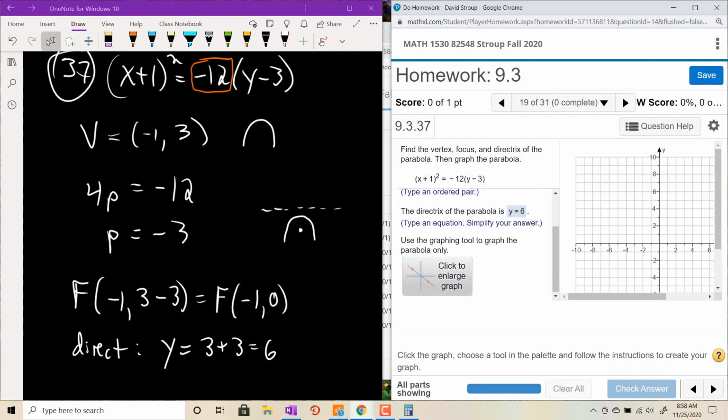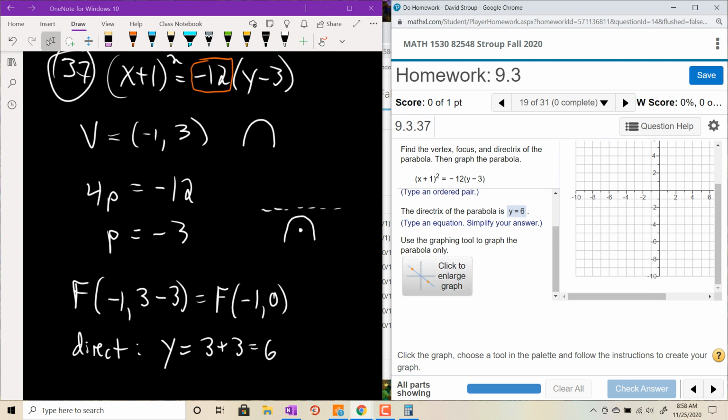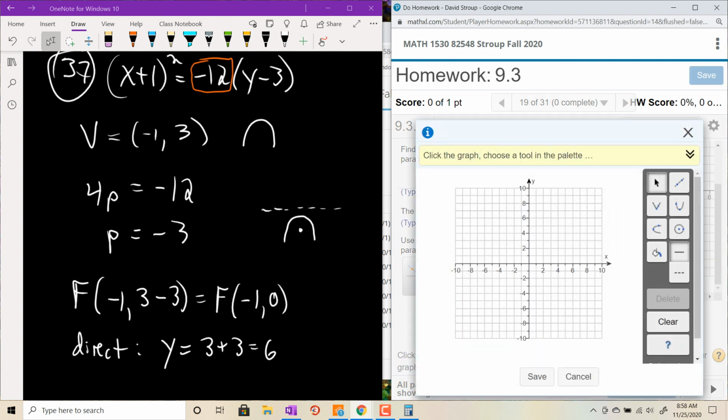And then they want you to graph it. Use the tool to graph it. Okay, so we need one of these characters. Vertex negative 1, 3. So negative 1 and then 1, 2, 3. And it's a sad face. You can use the latus rectum if you want.